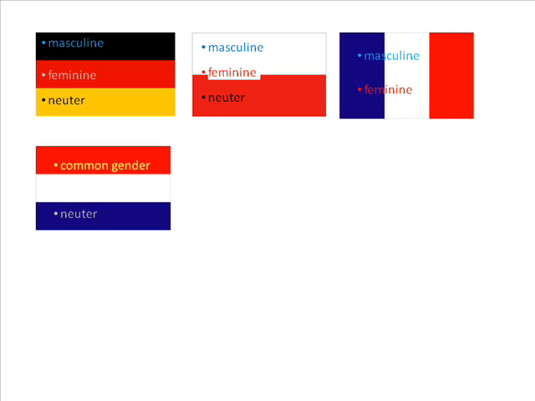Not only does German not necessarily have the same number of genders as other languages. If you remember at the start of this podcast, I said that French only has masculine and feminine genders, and that Dutch has neuter together with a gender called common gender, which combines masculine and feminine. But the genders of individual words frequently don't match up between languages, having been allocated differently in different languages.